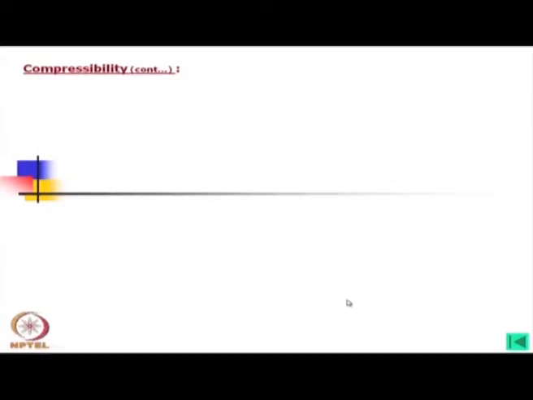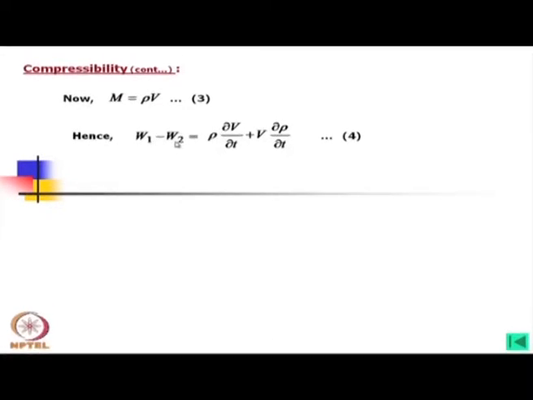Now, if we wish to know the compressibility, then we express the mass as the density into the volume. Then W1 minus W2 is equal to rho dV by dt plus V d rho by dt, because we have to go for the partial differentiation, since with time both may change due to change in temperature and other factors. So, we have to write the equation in this form.